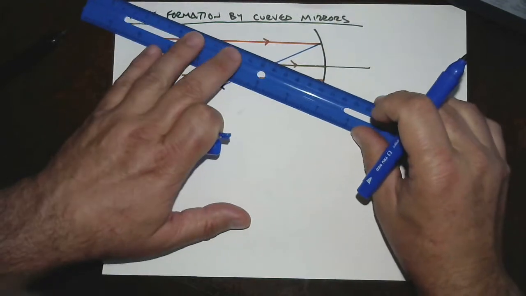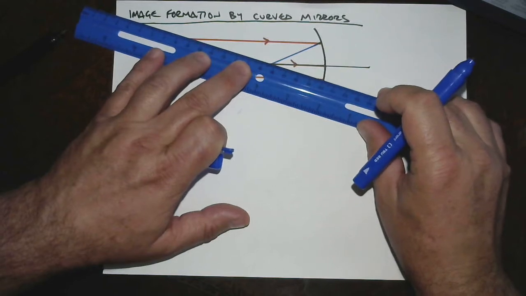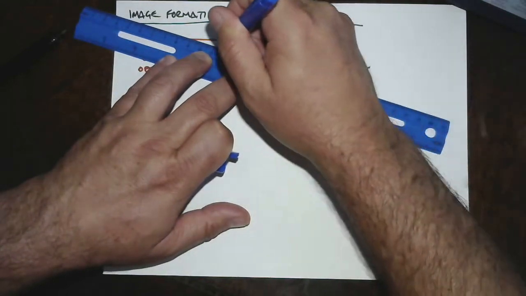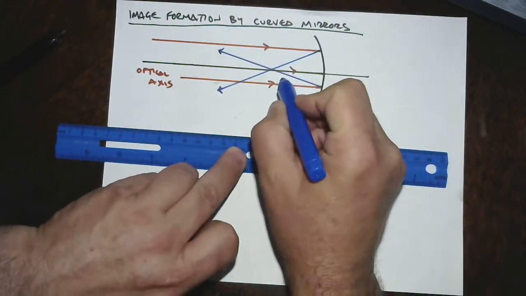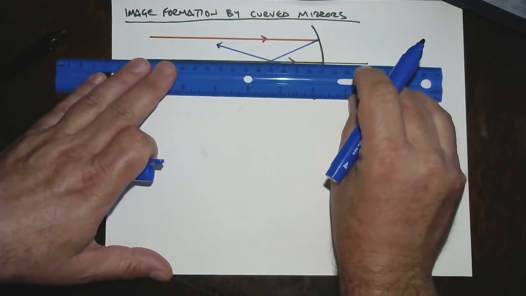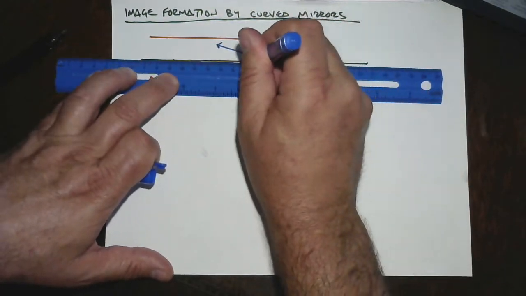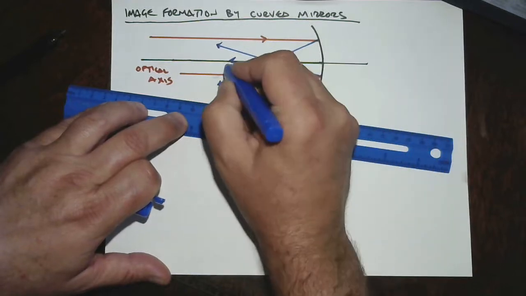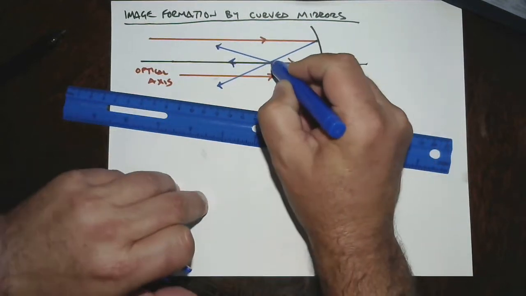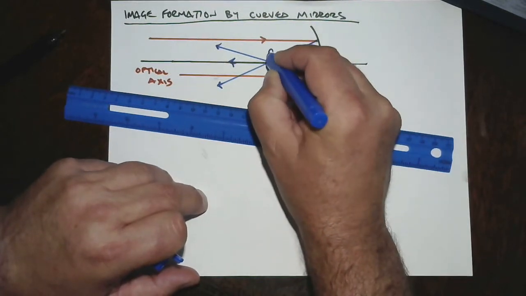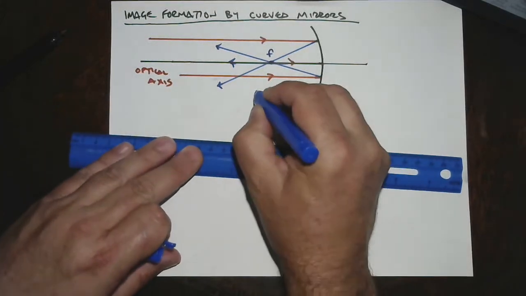And this ray is going to bounce off with a slightly shallower angle and go right through here. All three of these rays, the one that bounces straight back along the optical axis, and the two that bounced off and went here, all come together right there at a place called the focus.